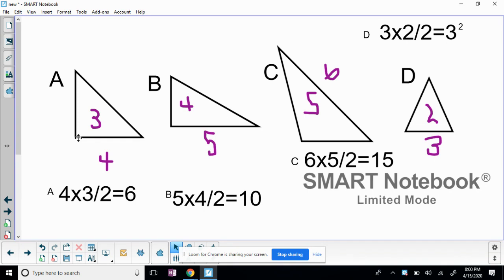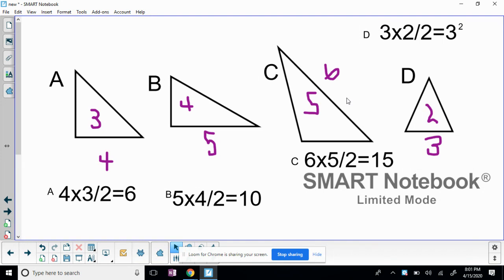So, base, and however you want to calculate the height, you want to go this way, think of it like flipping the shape over. So the line would go from here to here, say it's 3 centimeters. Base times height divided by 2 equals 6. Base is 5, height is 4, divided by 2. Okay.